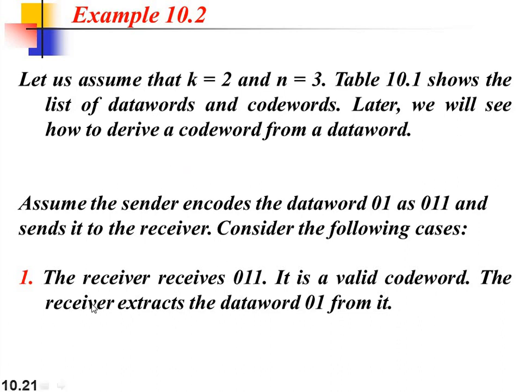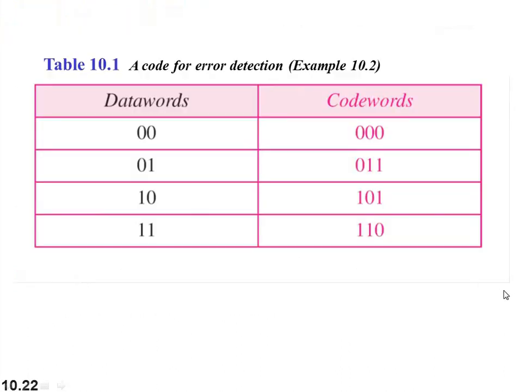Now let us consider the example that you assume the sender encodes the data word 01 as 011 and sends it, and the receiver receives it. So it is a valid code word. The sender has sent the information 01, but the code word generated for this 01 is 011, and the receiver receives the same one.